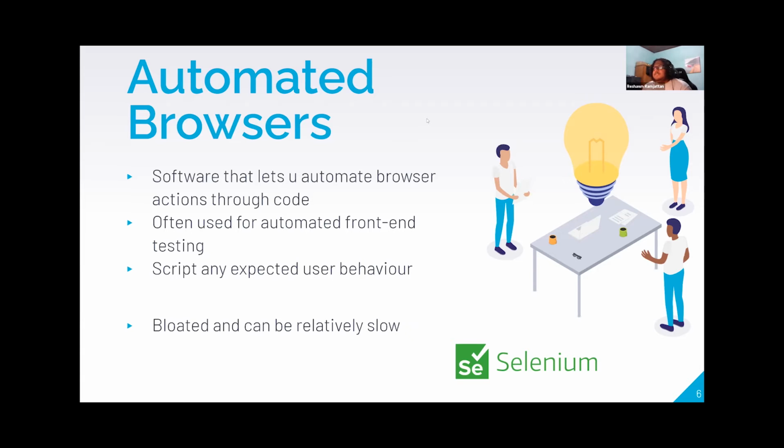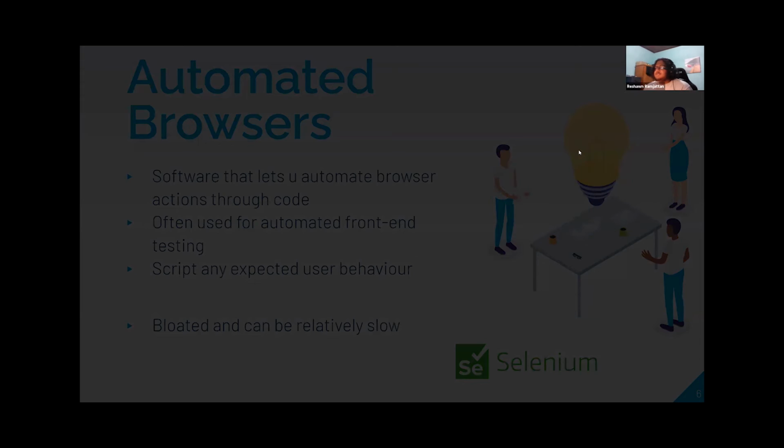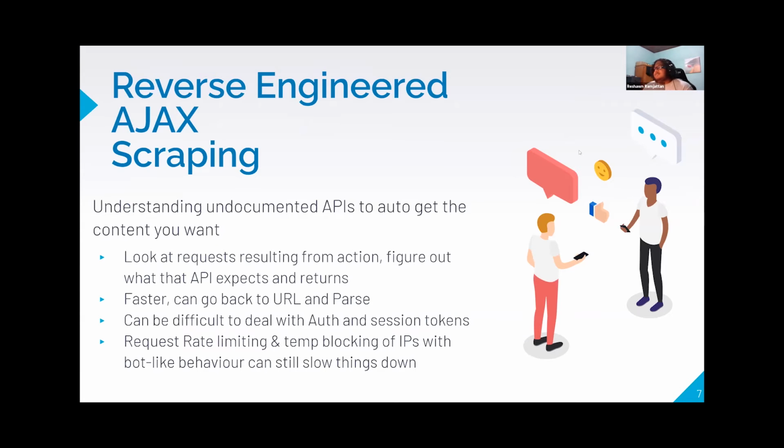The third way gets around that as well, sort of. It goes back to what the first way was, which is a URL request and then parsing the data of the request. So despite the fancy name, this is just trying to understand the underlying API that the site is using. Because if it's getting that asynchronous data, it has to get it from somewhere, and it has to send a request to somewhere.